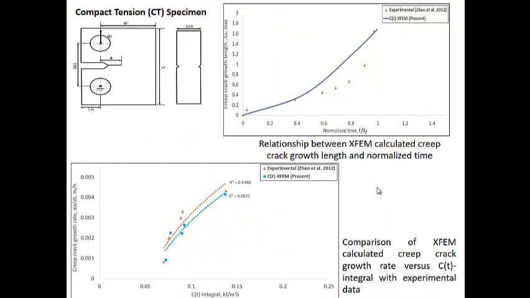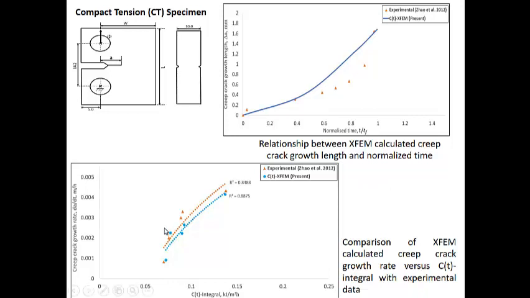Here we come out with two graphs. The first graph, above, is the creep crack growth, delta a, versus the normalized time, and we compare it with experimental data from previous researchers. We can see that the patterns appear quite similar to each other.